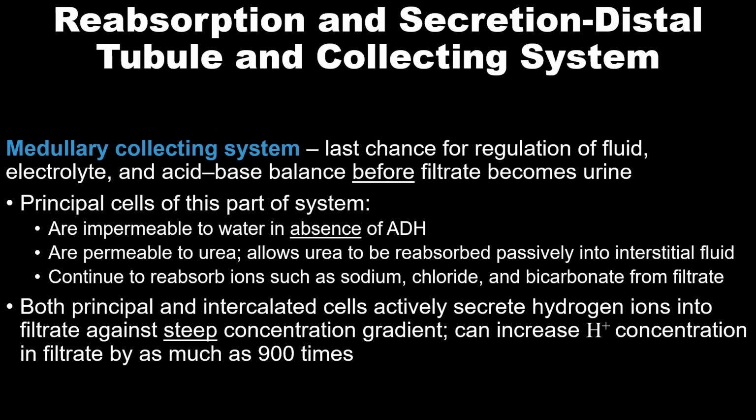They can increase this concentration of hydrogen ions in the filtrate by about 900 times. And we're actually going to revisit this a little bit as part of a mechanism that allows the kidneys to concentrate urine and conserve water.